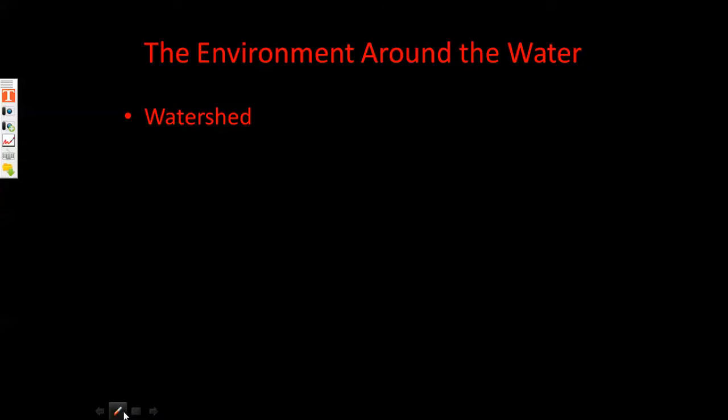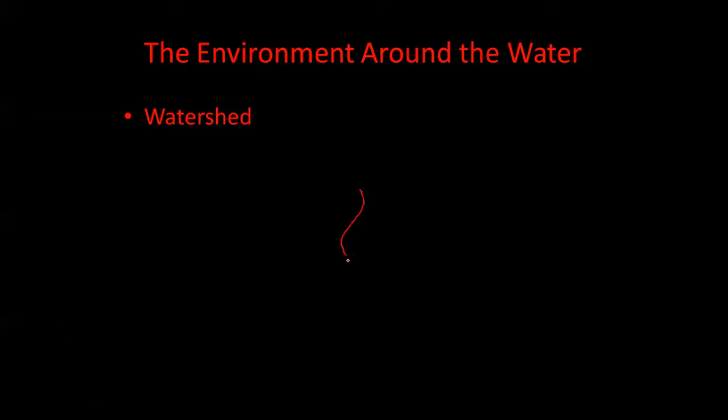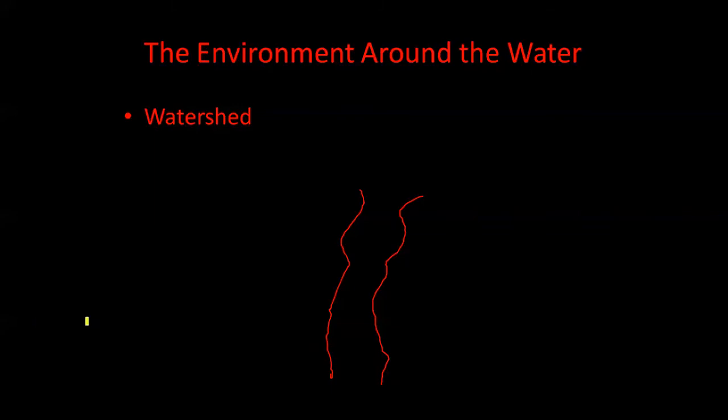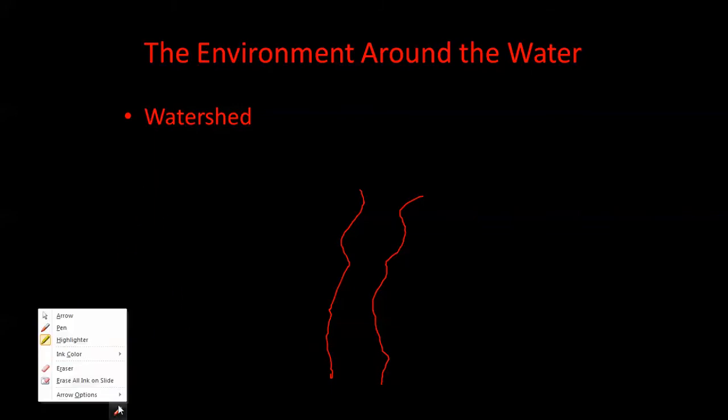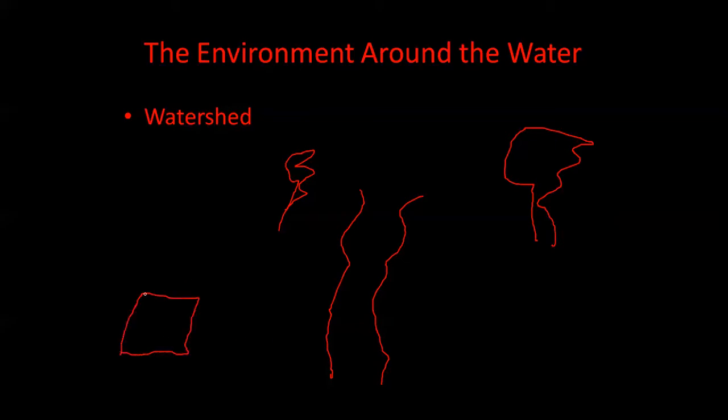So we have that word watershed. So here's the idea. We have our nice little river, and all around the river is all sorts of different things. Like we have some mountains over here, and we have some trees, and then we got some houses, and all of these contribute to the water.